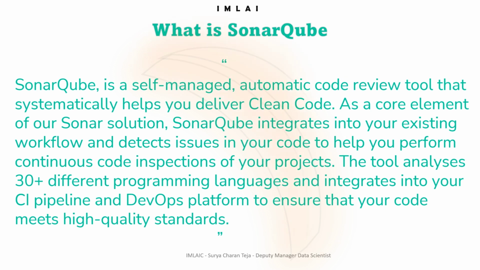Then we will use SonarLint to analyze the code locally, and finally we will integrate SonarQube into a CI/CD pipeline using Jenkins and Amazon Web Services. We will do that in our mega project. I'll show you how to do that. So we will have one project of SonarQube. In addition to that, SonarQube will be used in our mega projects also.